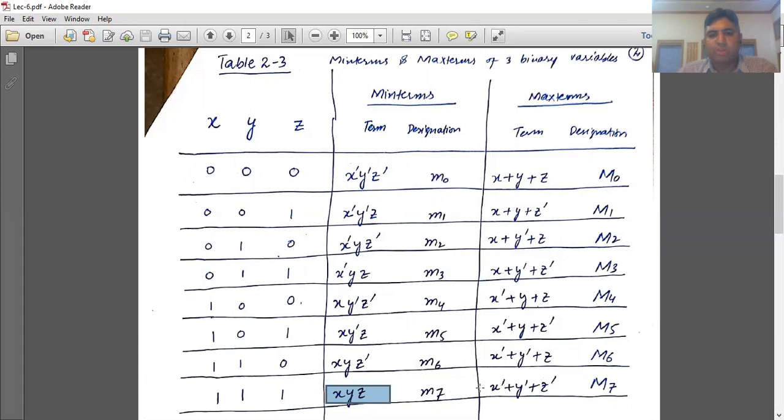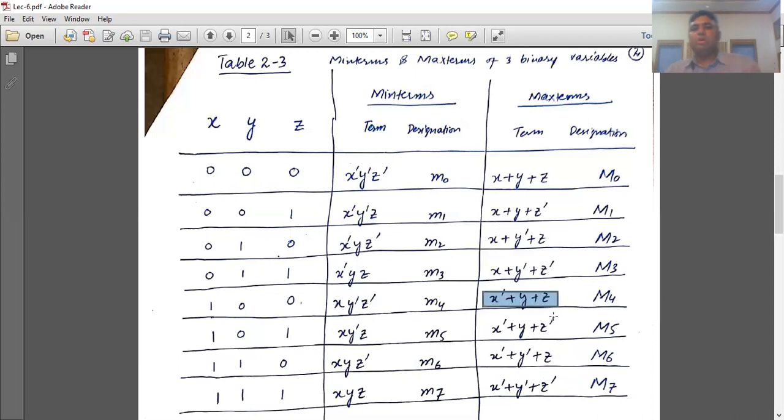So x will become x bar, y will become y bar, z will become z bar, and their AND gate will convert into an OR gate. Let's take one more example like this one: x y bar z bar. This will become x bar plus y plus z. Basically, x will become x bar and y bar z bar will become y and z, and the AND gate will be converted into an OR gate.